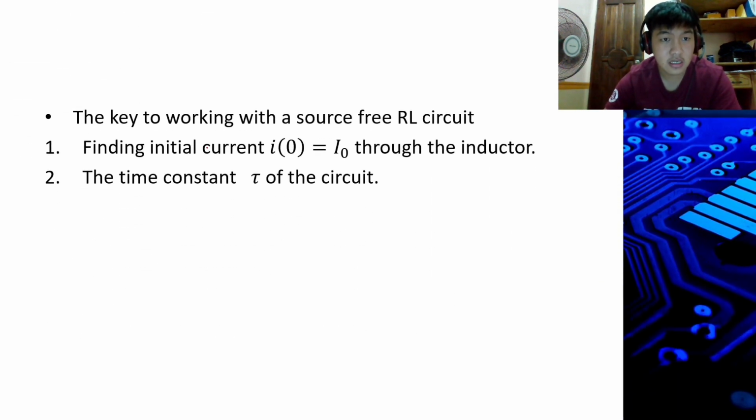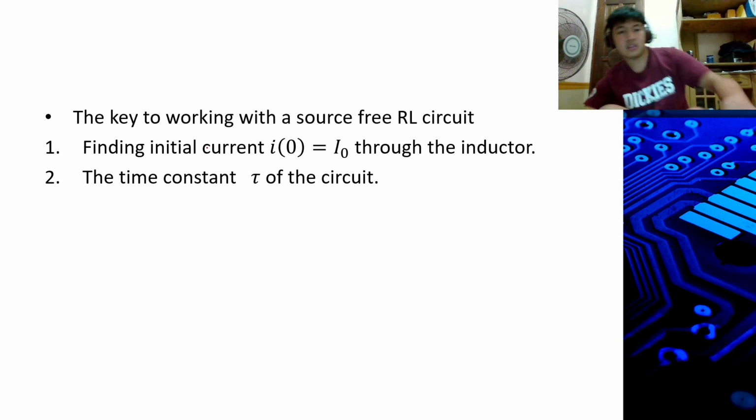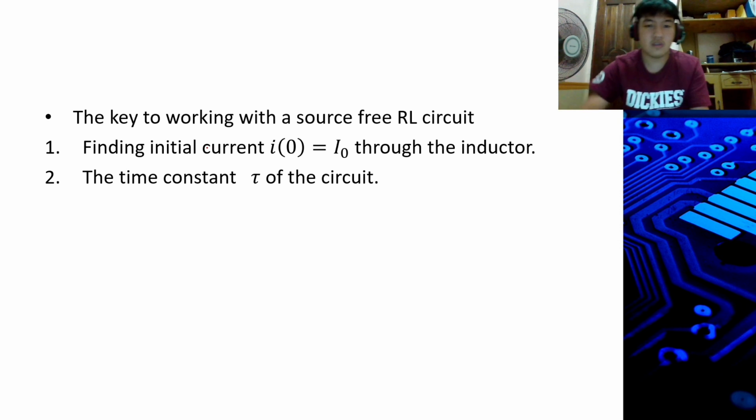Okay, the key to working with a source-free RL circuit: number 1, finding the initial current I of 0 equal to I naught through the inductor, and the time constant tau of the circuit.